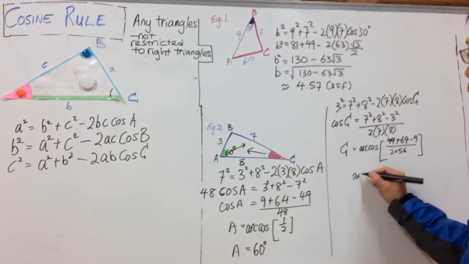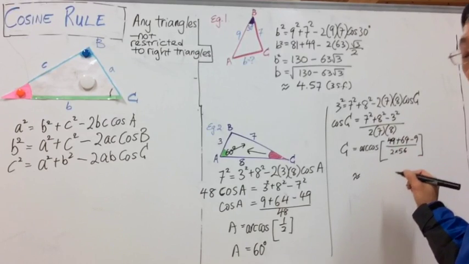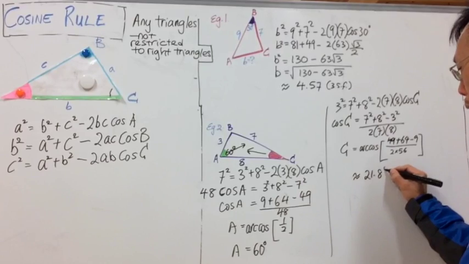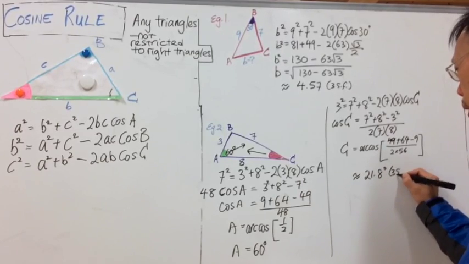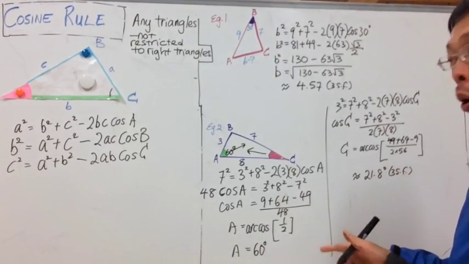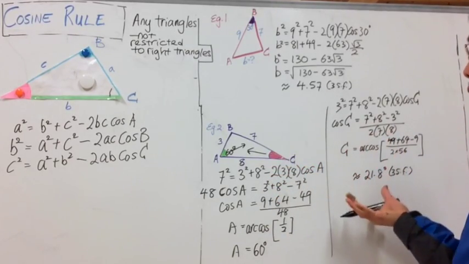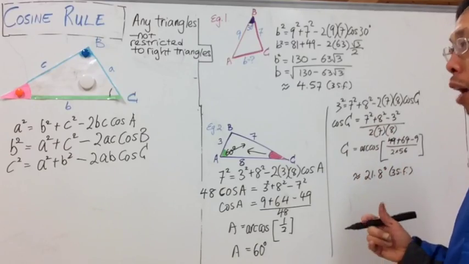You use a calculator to do this, and you will get the answer roughly 21.8 degree to 3 significant figures. Obviously, as I said before, you could have used sine rule to do this, but as I say, I'm practicing my cosine rule.